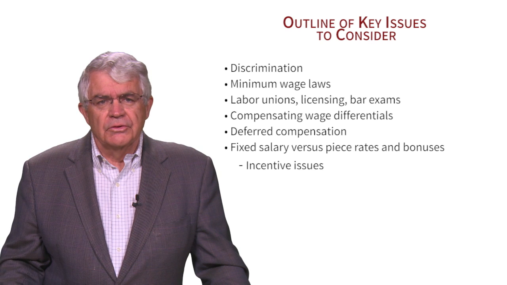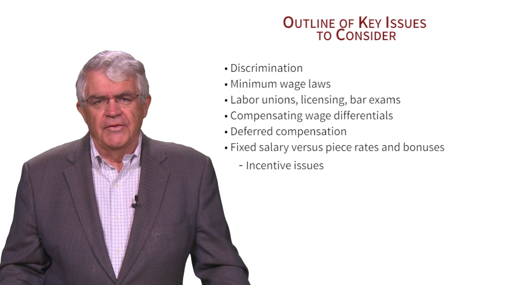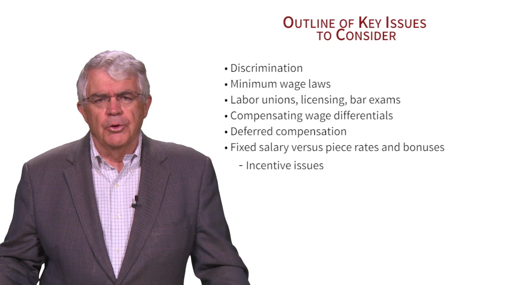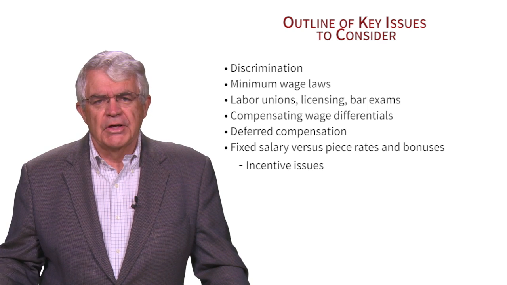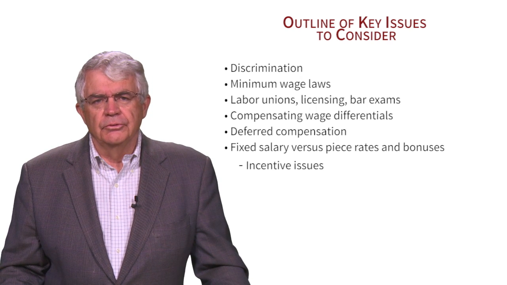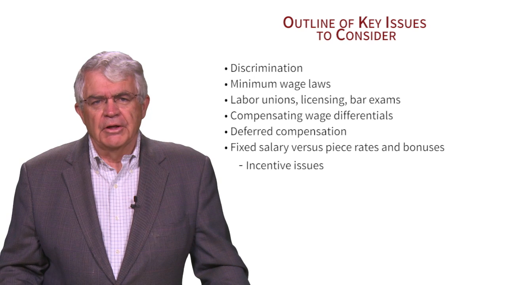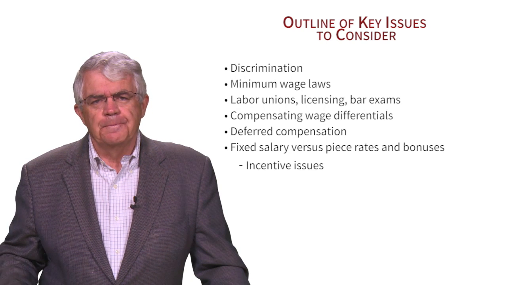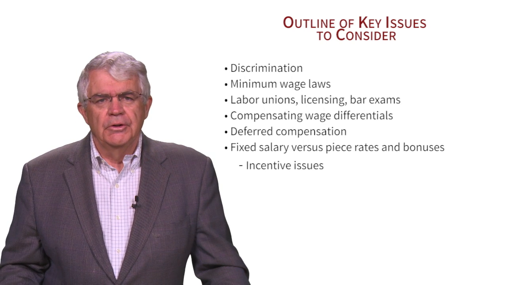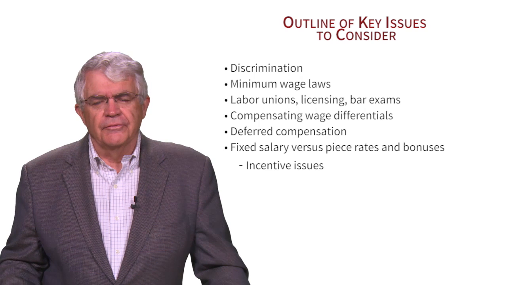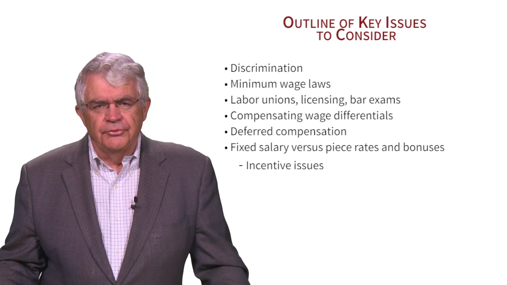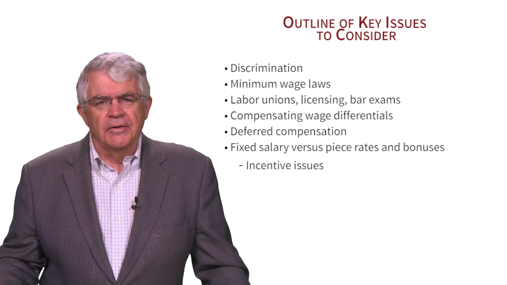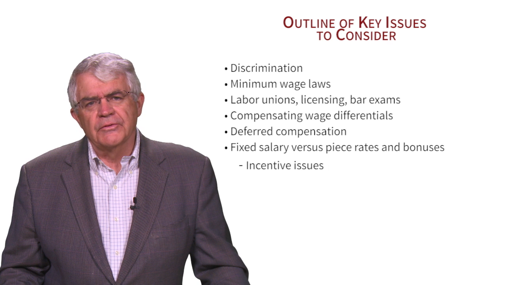All these things have incentive effects. Piece rates, if you pick more, you get more money. That provides incentives to have higher productivity. Deferred compensation gives young associate lawyers the incentive to become partner. The compensating wage differential gives people the incentive, say, to have more dangerous jobs like police officers.